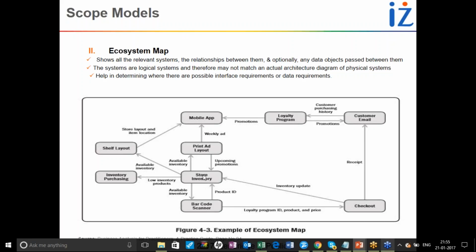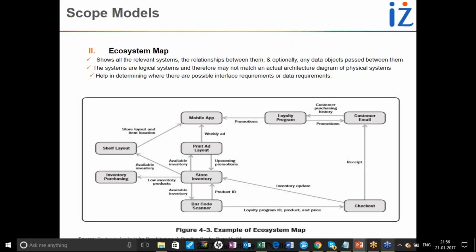This store inventory is not directly related to the mobile app. Also, this customer email system is external to the mobile app. You are making a campaign where you are sending mails to the customer, providing loyalty programs and promotions, and through that they are accessing the mobile application.